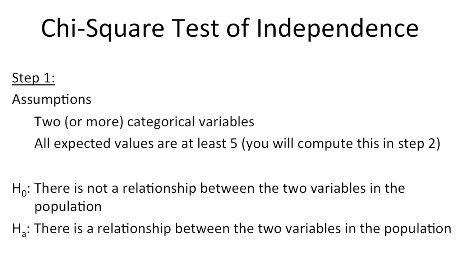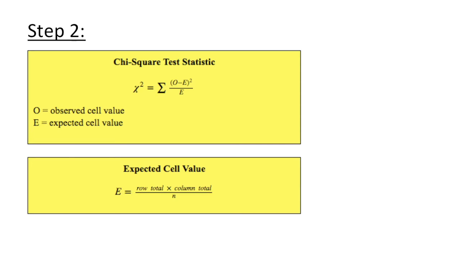Now let's write our hypotheses. The null hypothesis is always going to be that there is not a relationship between the two variables in the population. The alternative hypothesis is that there is a relationship between the two variables in the population. Step 2 is to compute the chi-square test statistic. These are the formulas from your online notes.